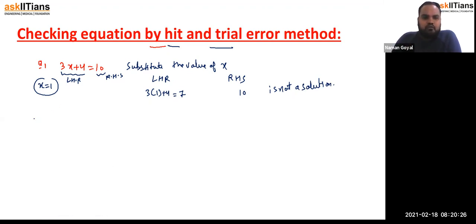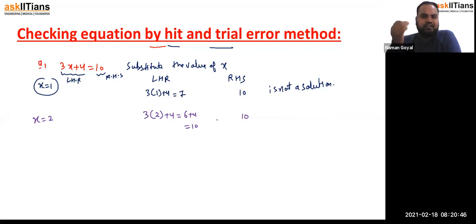Now I take x is equal to 2. It gives 3 into 2 plus 4. 3 twos are 6 plus 4, yes, it gives 10. So 10 is the LHS and 10 is the RHS.